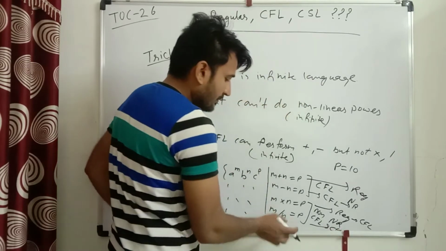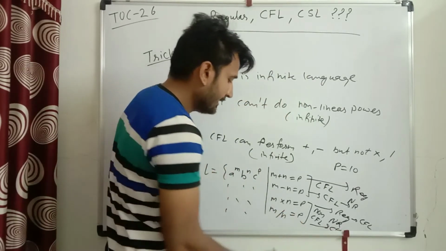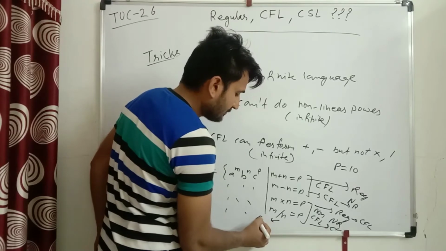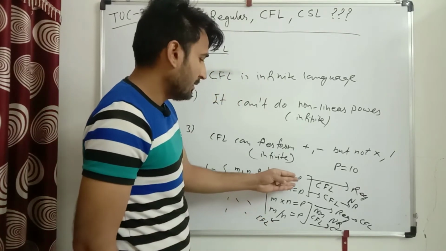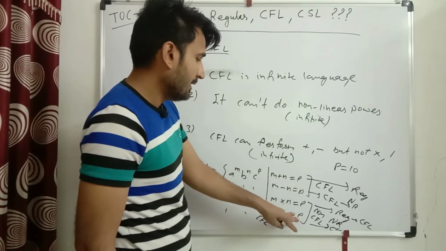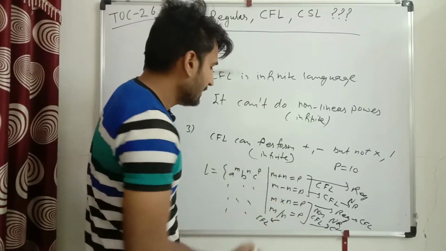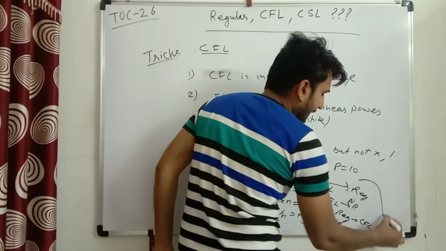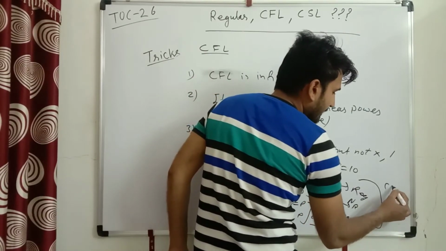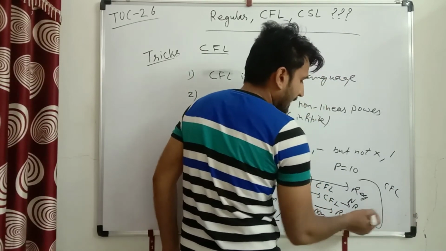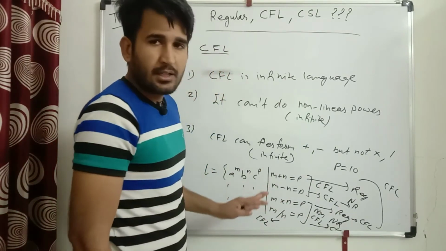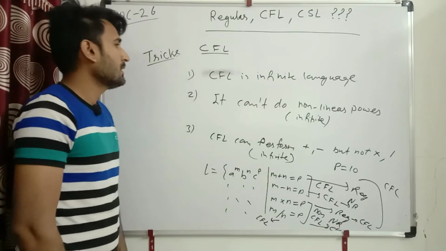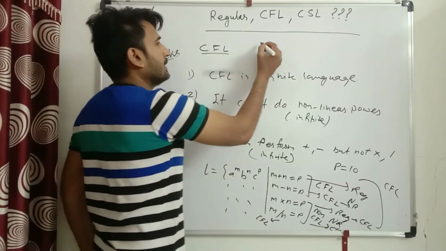If P is constant, then it is a CFL. So if P is constant, then all are CFL, and the first and third are regular.